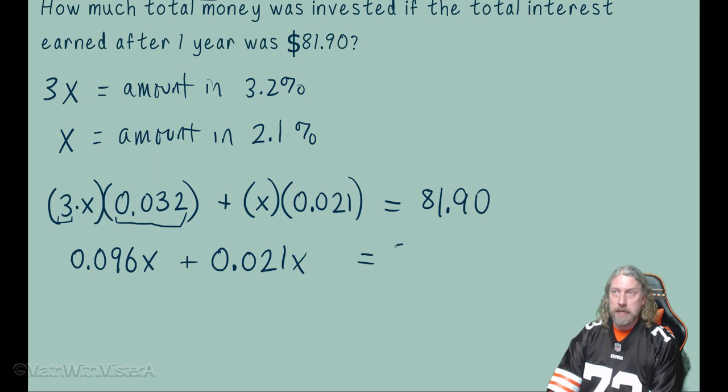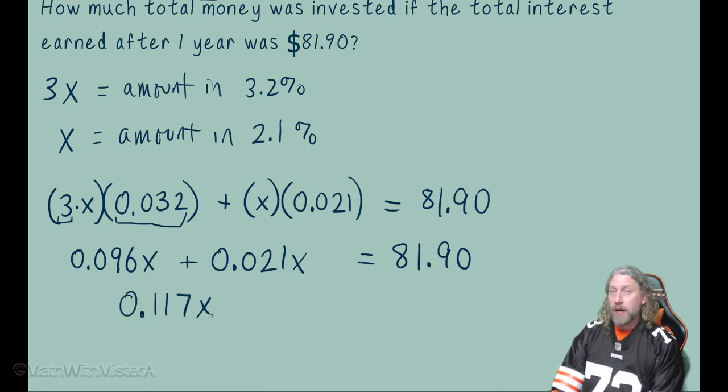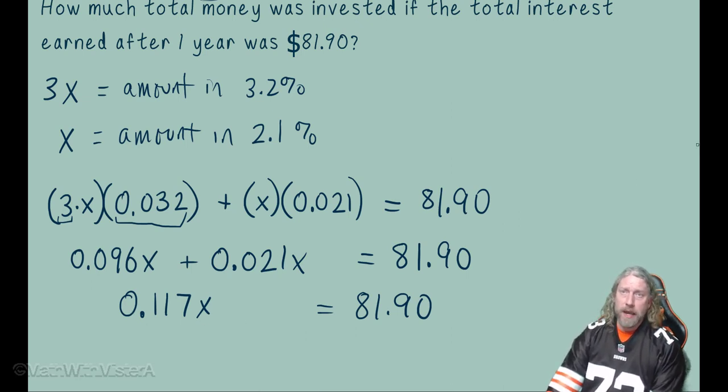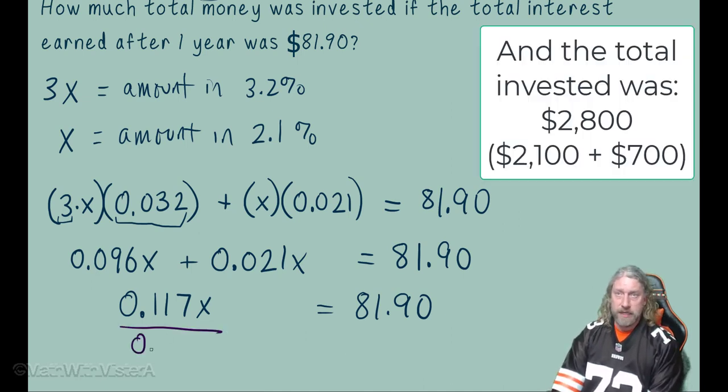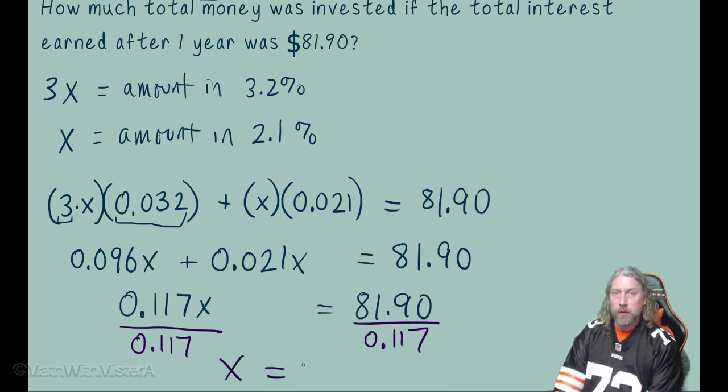And let's copy down the right side. It equals 81.9. Now we can see that we've got some like terms that we can combine. These two terms that are left here both have the variable x, so we'll add those coefficients together. That gives us 0.117x, which equals 81.90. And then finally, we'll isolate the variable with the opposite operation. We have a multiply by 0.117, so we want to divide by 0.117, both sides, of course. And that gives us x equals 700.